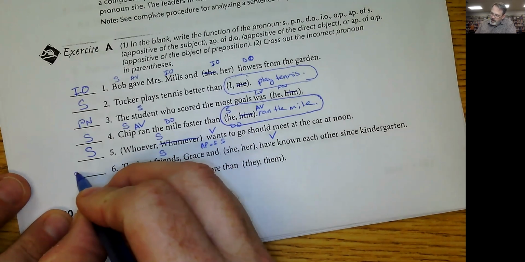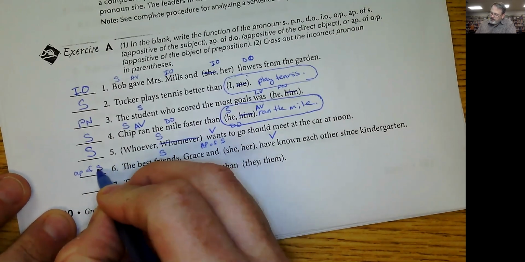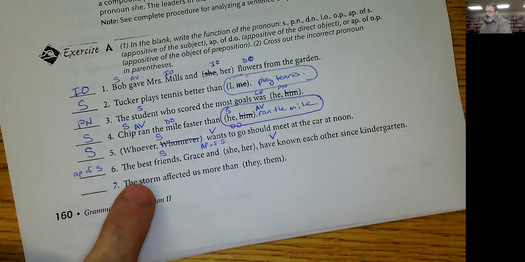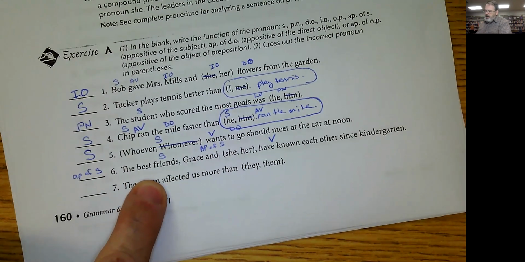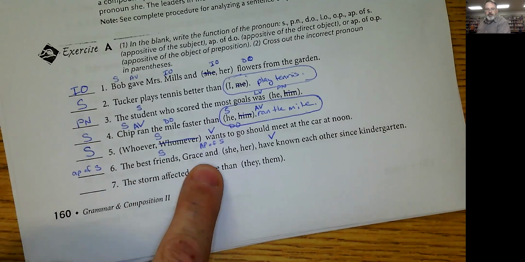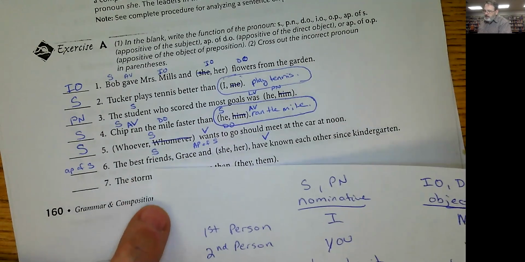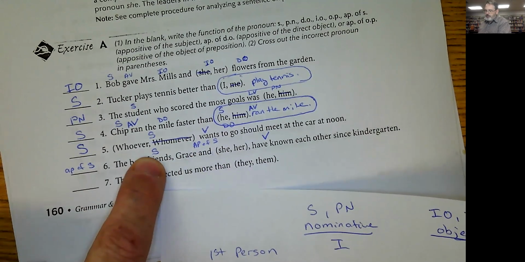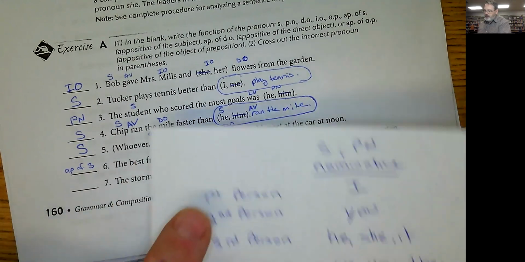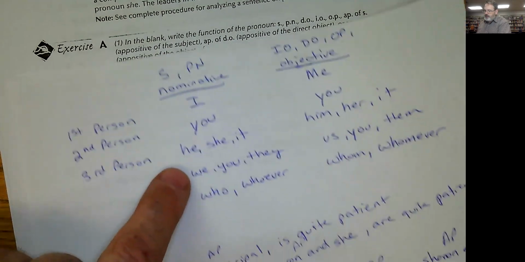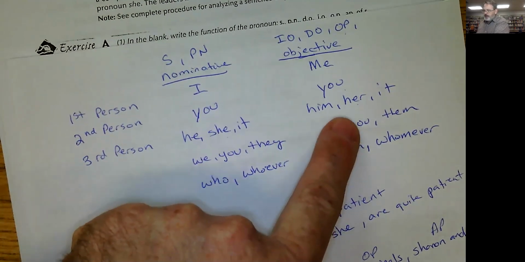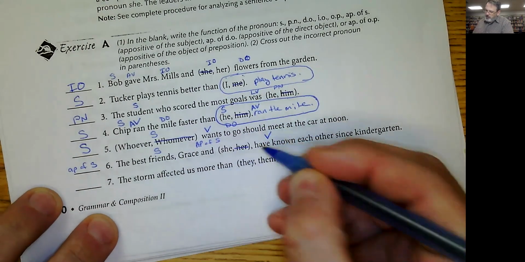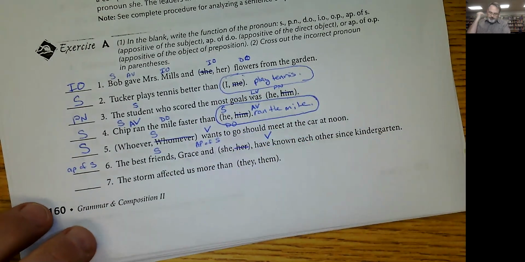So we need to say AP of S. And then an appositive always has to be the same case as the word that it modifies. All right. So friends is the subject. This is an appositive of the subject. Therefore, this has to be nominative case. It's she or her. She is nominative. Her is objective. So we're going to get rid of her, and she's the right answer.